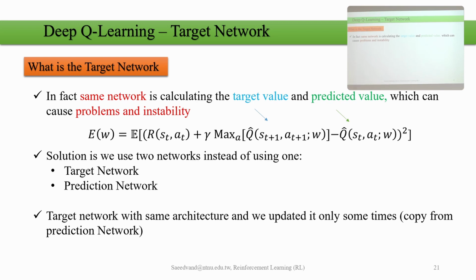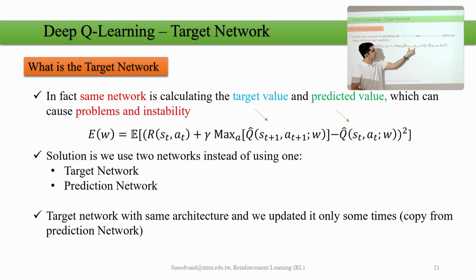We can create another copy, another exactly same detailed network, and we call one the target value network and the other the predicted value network so that we can deal with the instability problem of the learning convergence.